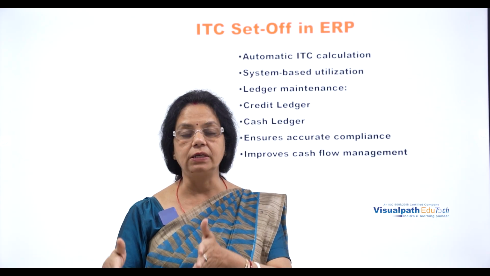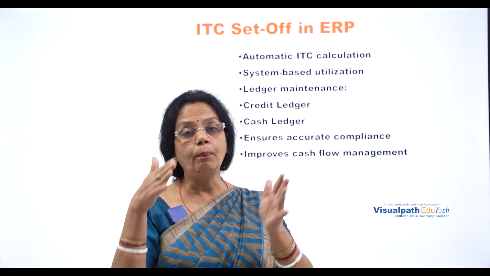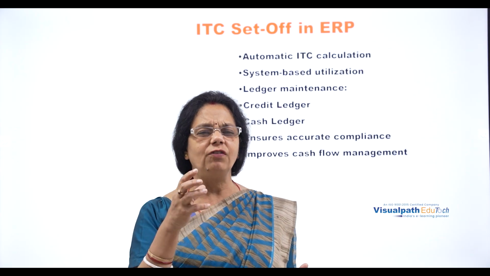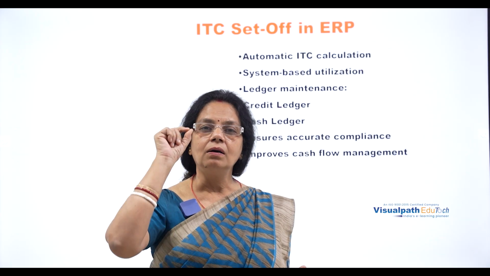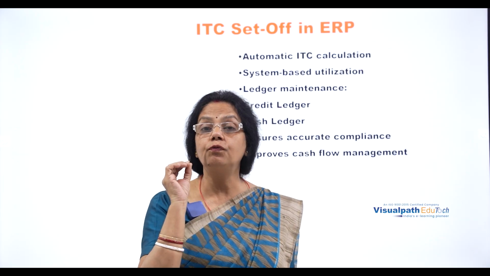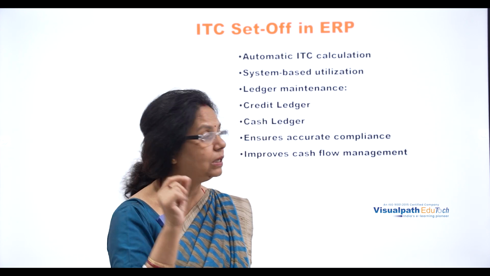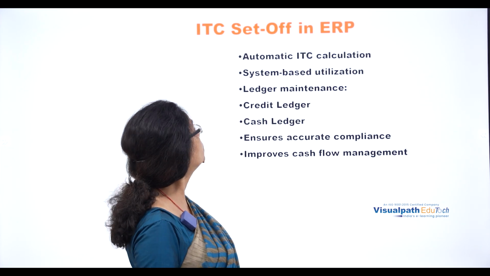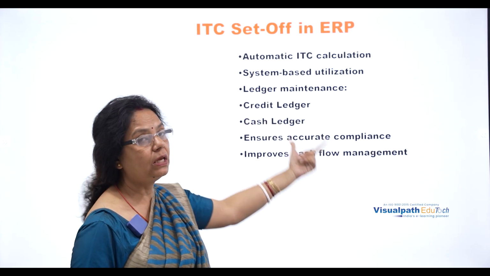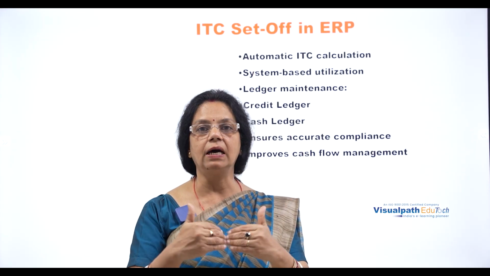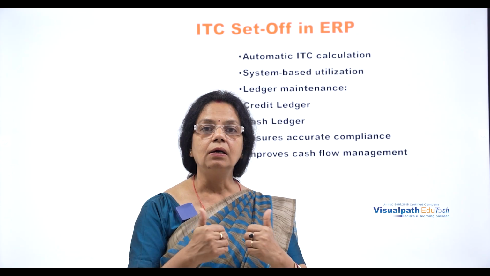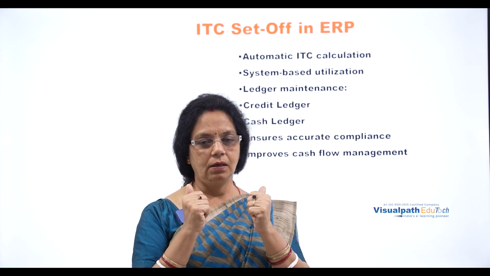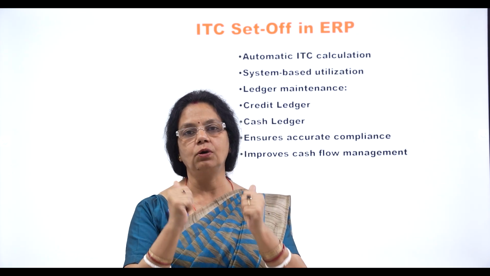That is a software, that is a program where they will upload everything, and accordingly this ERP calculates the tax very easily with full accuracy. With full accuracy, you will get accurate data without any compliance issues. So this is known as ITC set off in ERP. Both help each other together, and together whatever they have calculated shows accurate calculations, accurate tax.